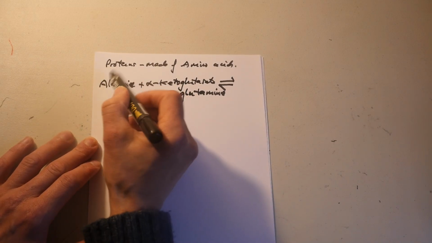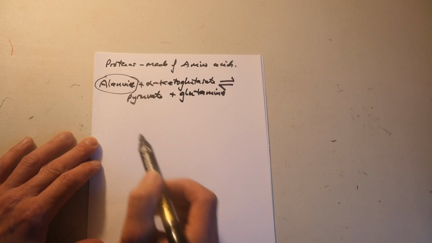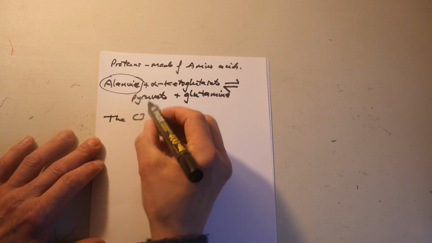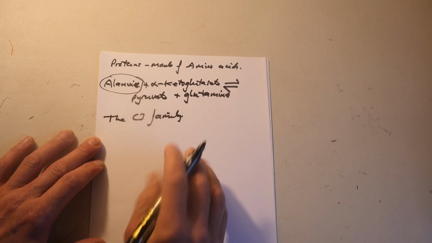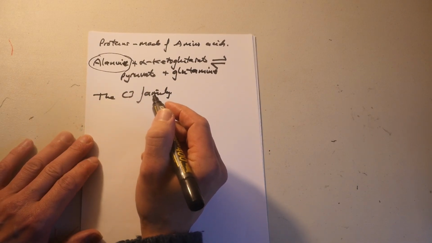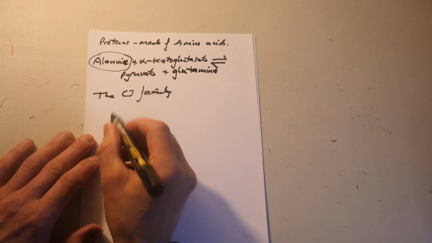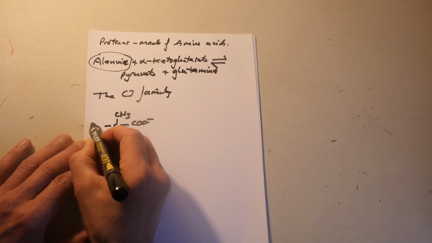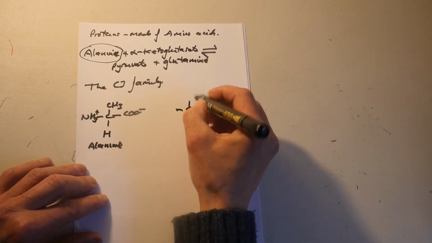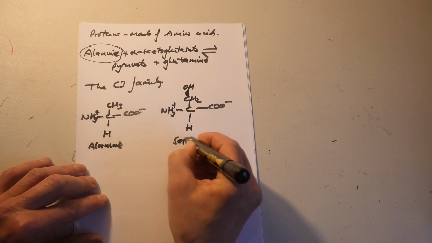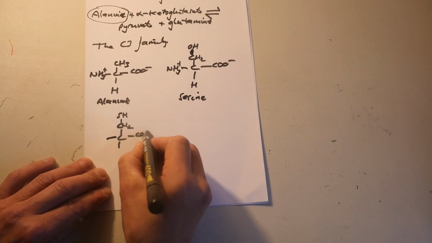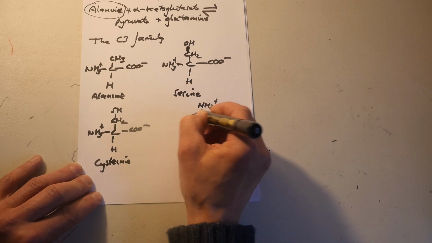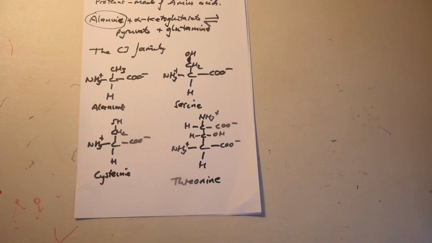So the amino acid alanine is part of the carbon 3 family, which consists of alanine, cysteine, serine, and threonine.